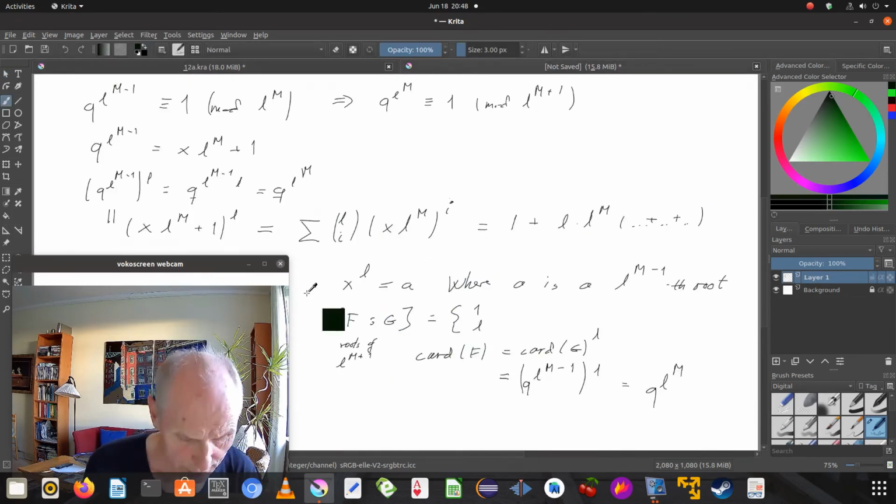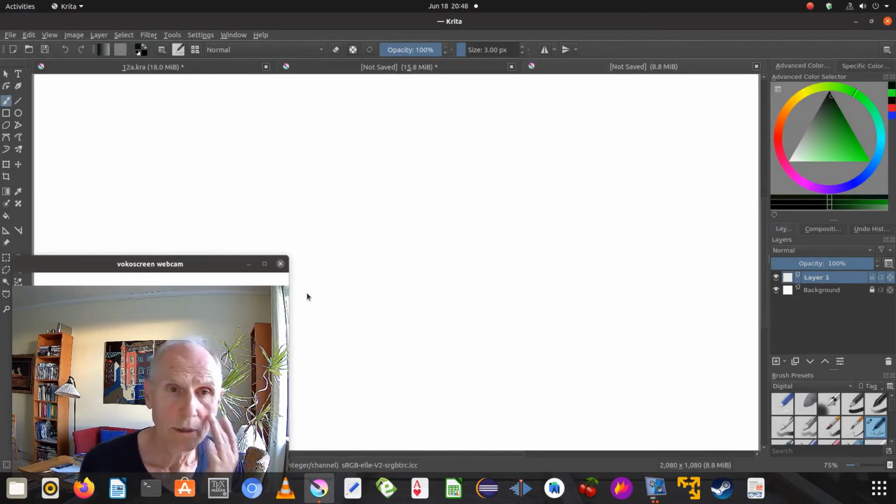We have no more space here. So we have L roots, L squared root, etc.